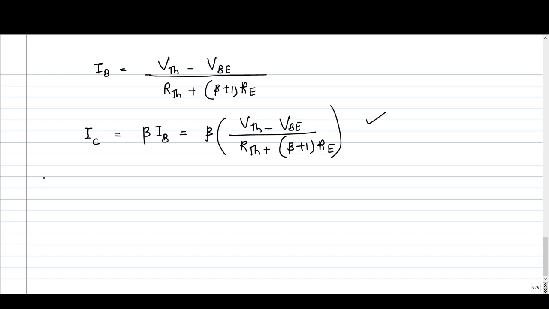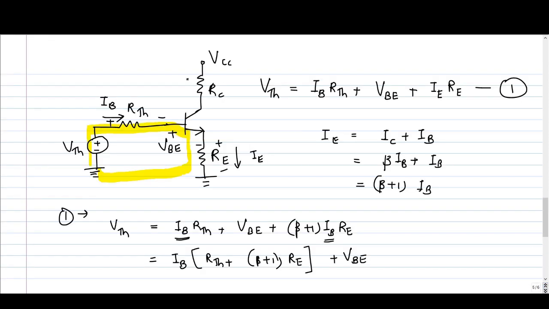Now we have to calculate VCE, the other coordinate. So to calculate VCE, we can apply KVL on the output side. We can apply KVL here.